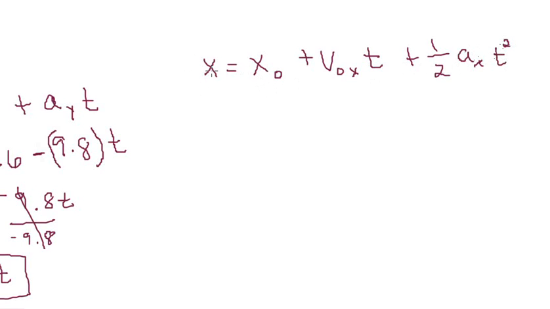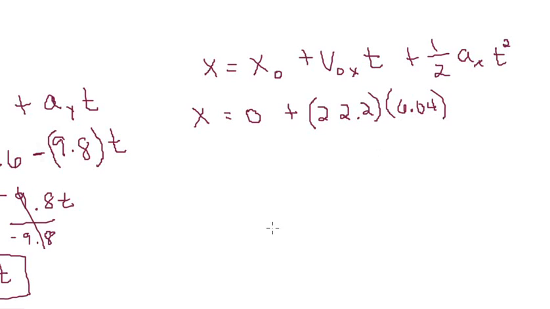Now x is the final distance which we are trying to find. The initial distance is 0 meters. The initial velocity in the x direction is, we said it was 22.2 meters per second. This is something we found out already. And the time that it takes to reach the total distance is actually 6.04 seconds.